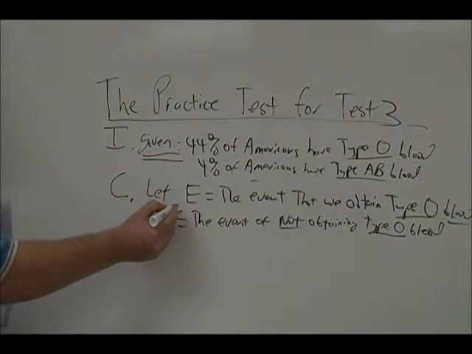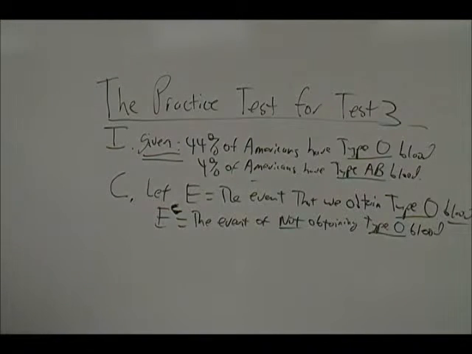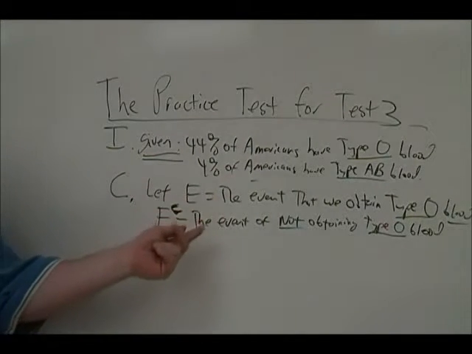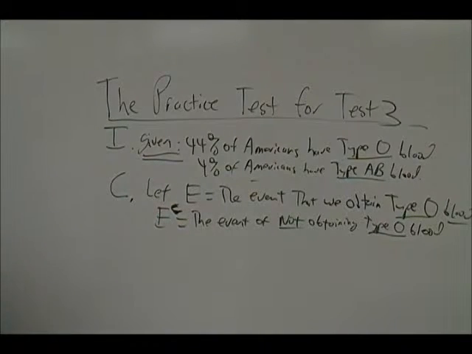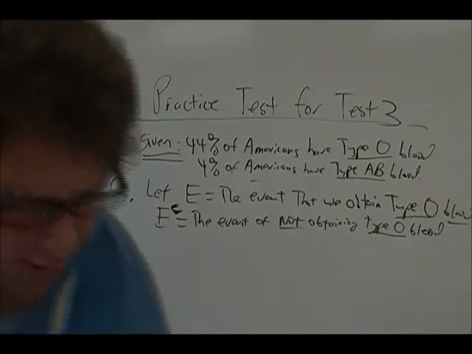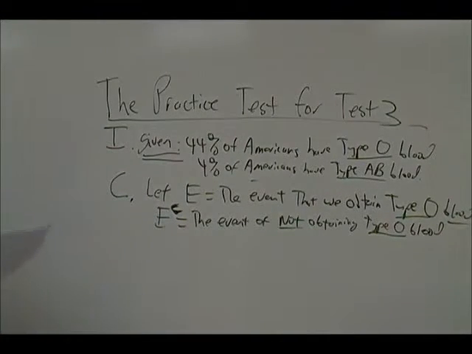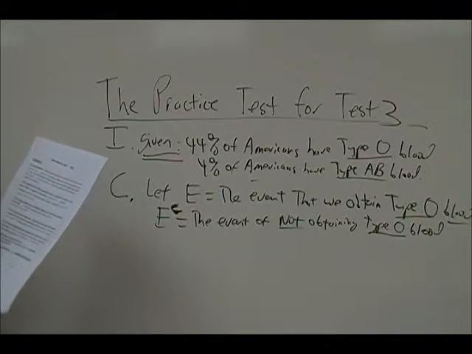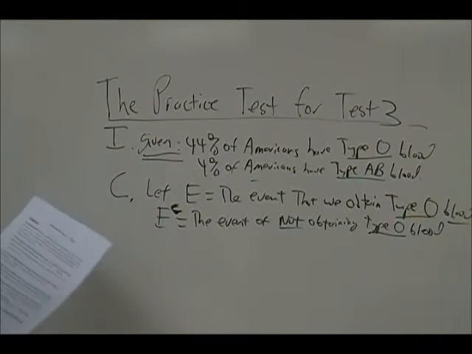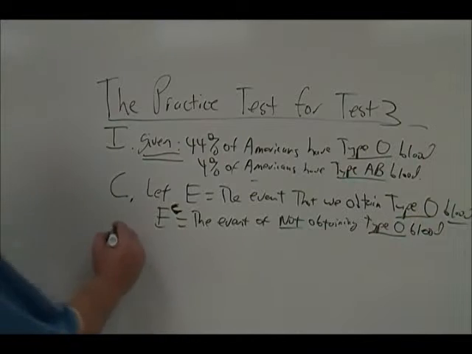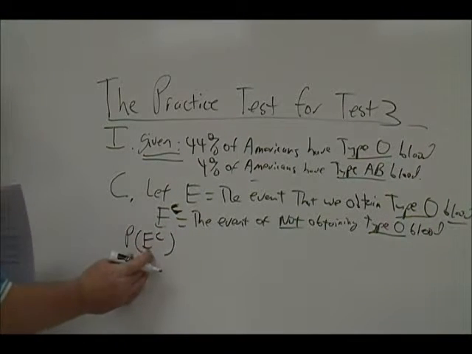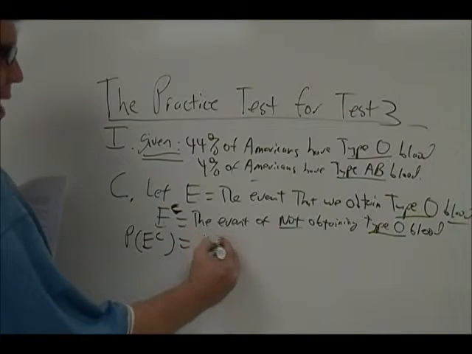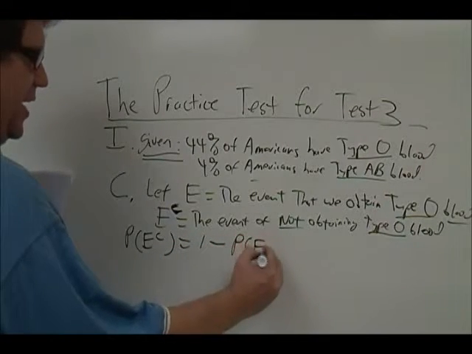So one way to do this is to note that we want the probability of E complement, where E is the event that we do obtain type O blood. That formula, the complement rule, is Formula 1B. If we use that, the desired probability, the probability of E complement, is just 1 minus the probability of the event E occurring.